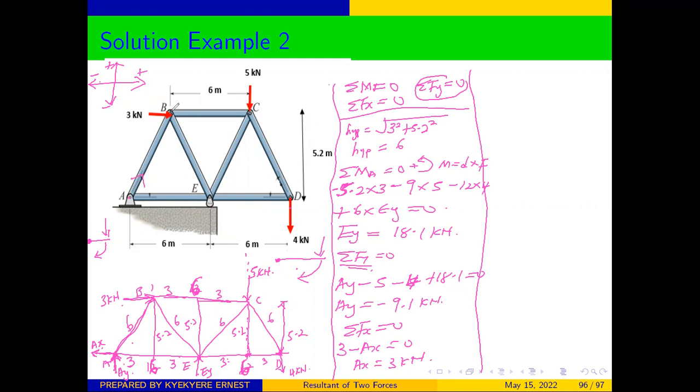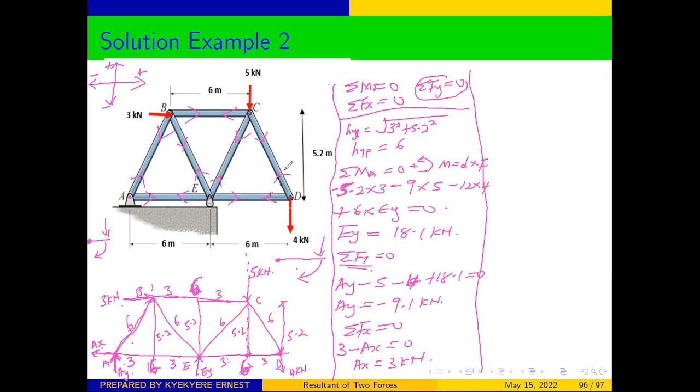Then the one which the other joint is exerting on the same member will be in the opposite direction. We indicate that for all the sides, and we are going to stick to that throughout our analysis.